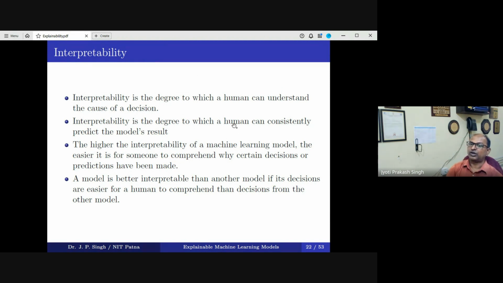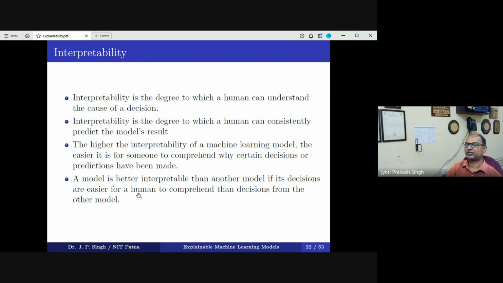And also, I can consistently predict that given these features, the model should give this as output. Obviously, the higher the interpretability, the easier it is for someone to comprehend why certain decisions or predictions have been made.